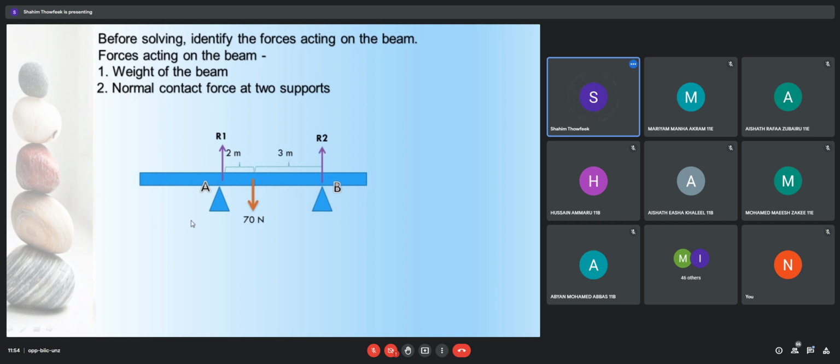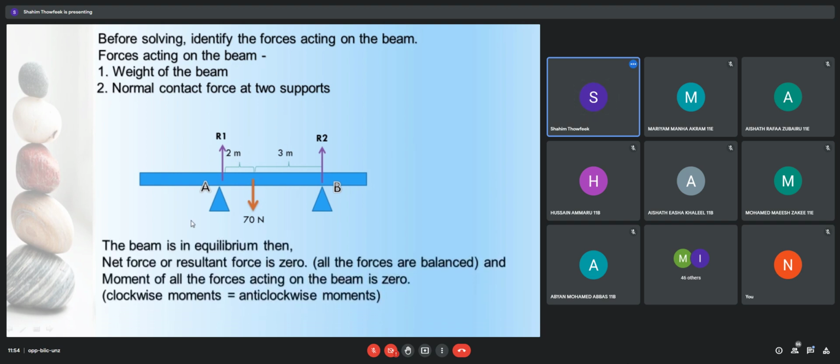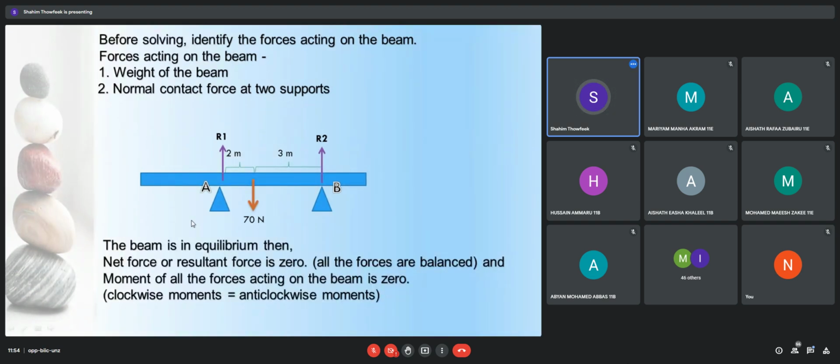Okay, the beam is in equilibrium, then the net force or the resultant force is zero. All the forces are balanced. Then you can get an expression from the resultant force equating to zero. Then the moment of all the forces acting on the beam is zero. What does that mean?